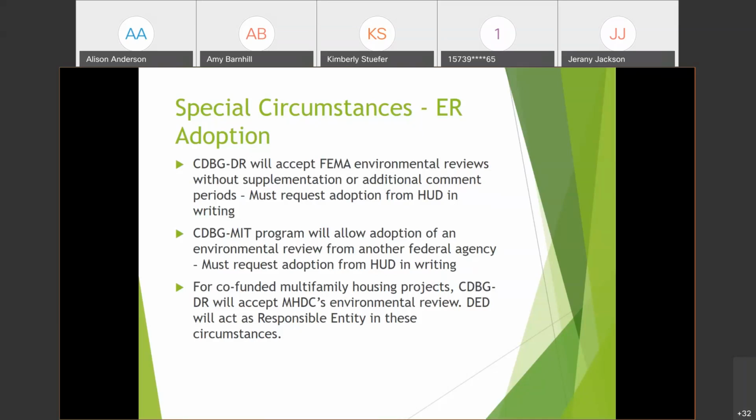For projects that are co-funded by multifamily housing projects, for example, the CDBG-DR program will accept the Missouri Housing Development Corporation's environmental review, and the Department of Economic Development will act as the responsible entity in these circumstances. Next slide.